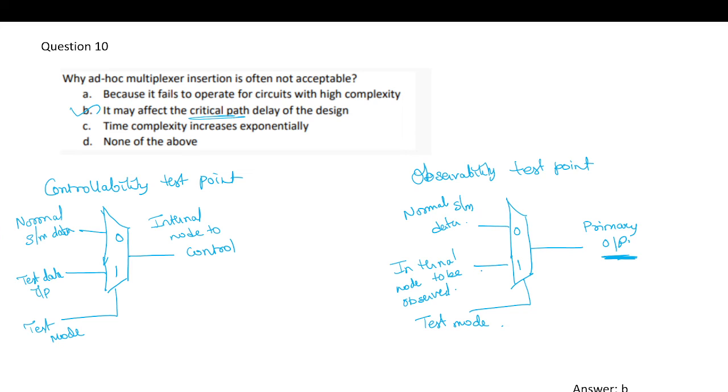So any node which we want to observe, we apply to one of the inputs. During the test mode, we can select it. The other one will be the normal output. Now in the test mode, if I select this, we can see it through the primary output pin. Clear?